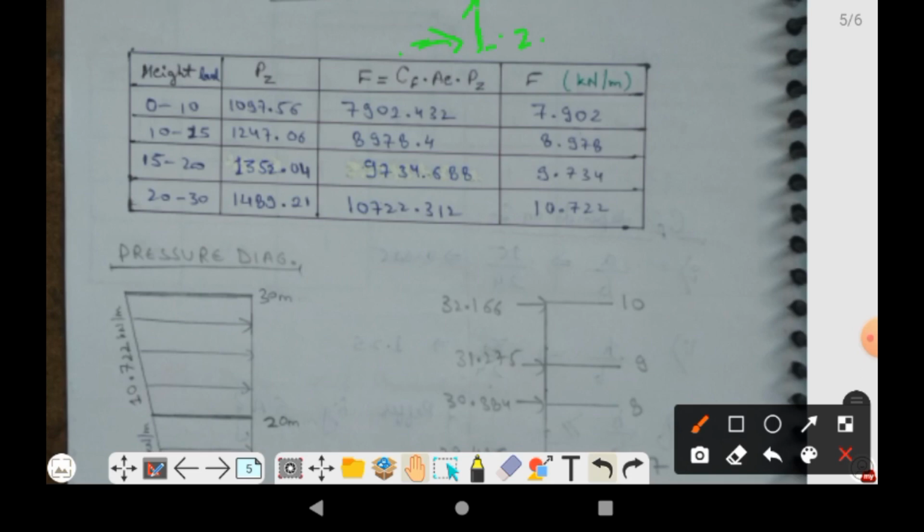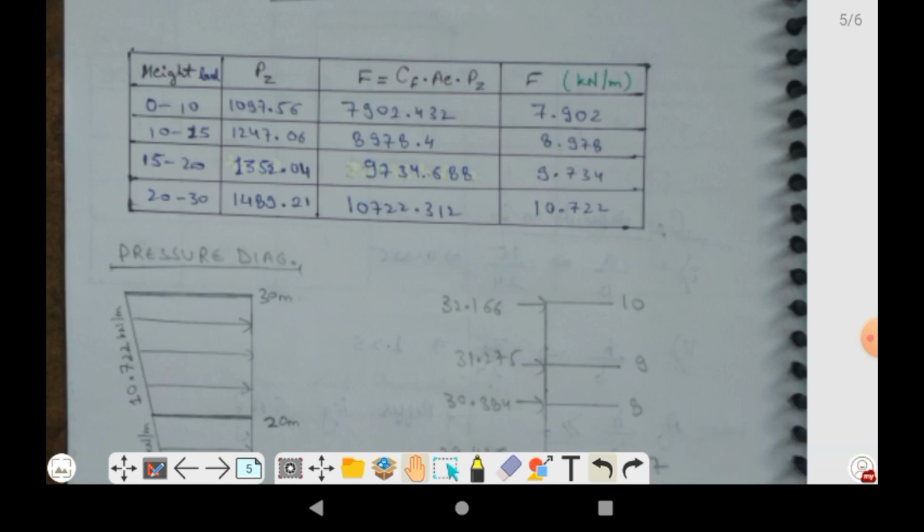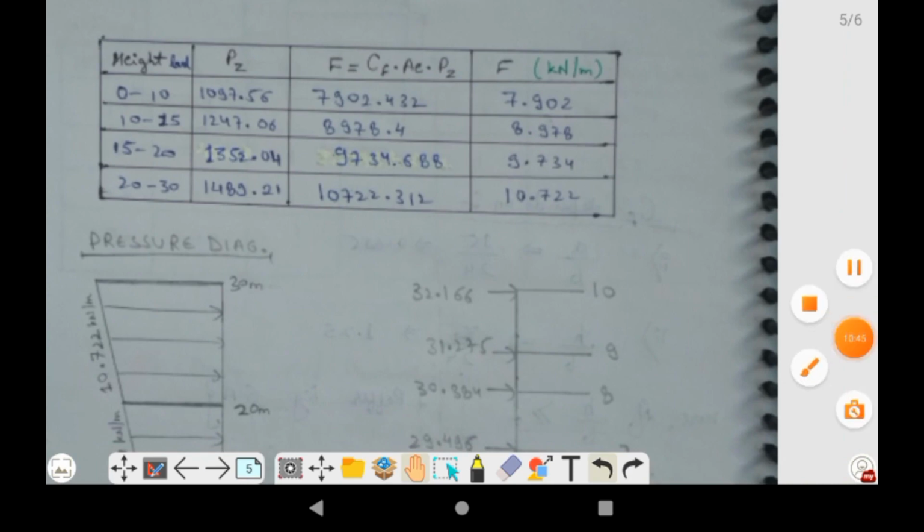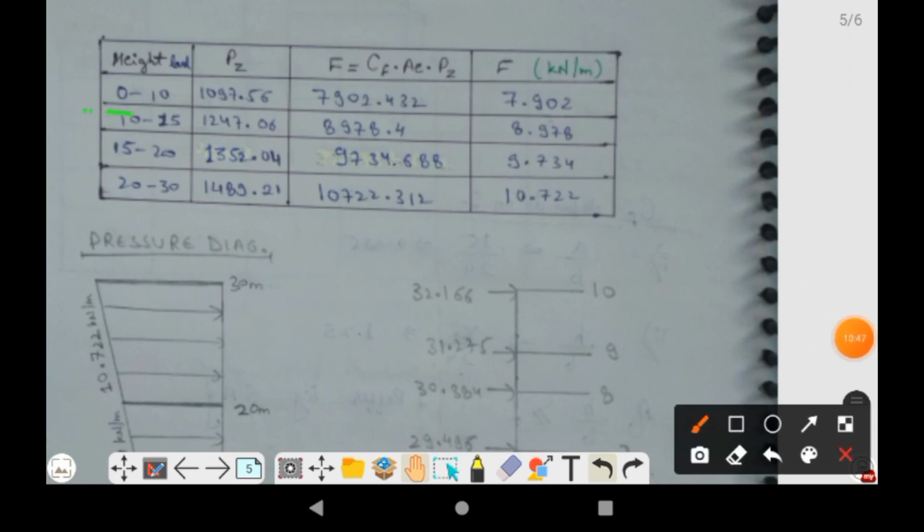AE we have found, that is 6 meter square, and PZ we have already found for different levels of heights, where you can see that the value of PZ is different for different levels of heights. So for the height level of 0 to 10, the value of PZ is 1097.56.